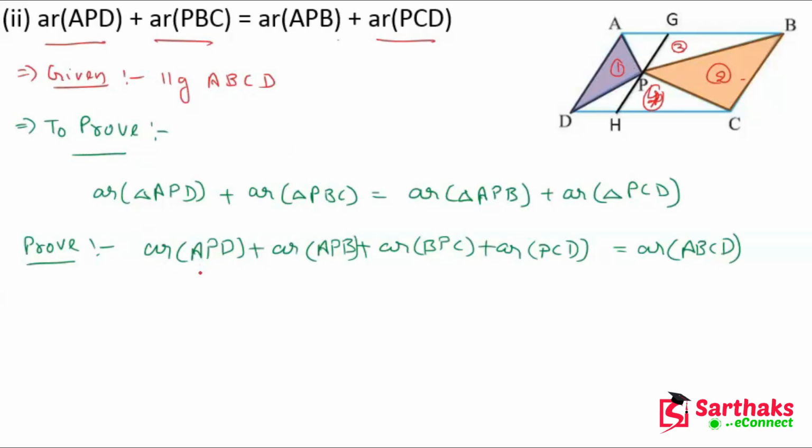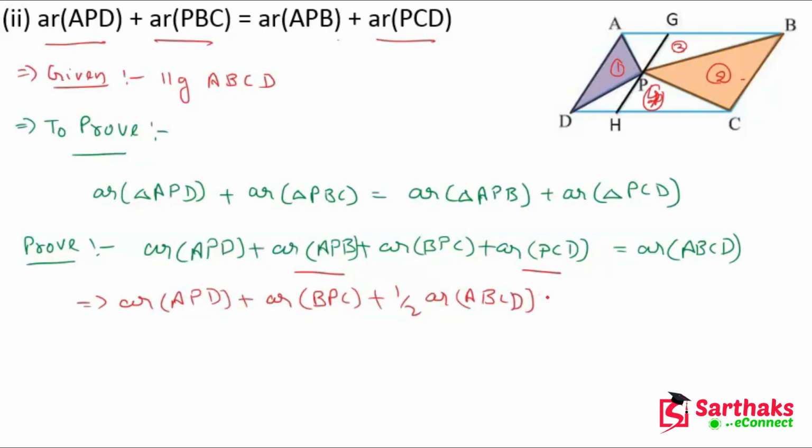Now this part, area of triangle APB plus area of triangle PCD, from the previous part, we know that here you can see area of triangle APD plus area of triangle BPC plus half of the area of parallelogram ABCD is equal to the area of parallelogram ABCD.